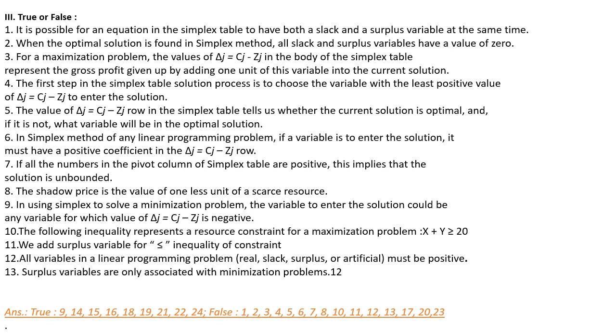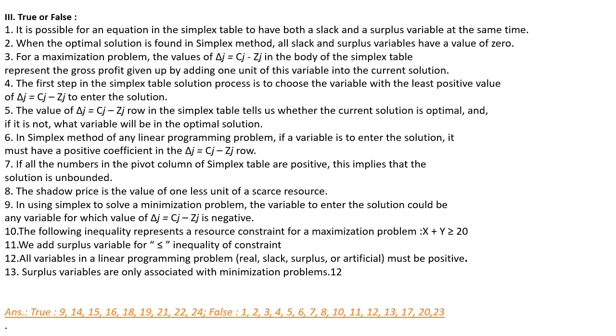False. In using simplex to solve a minimization problem, the variable to enter the solution would be any variable for which the value of delta j equal to Cj minus Zj is negative. True. The following inequality represents a resource constraint of a maximization problem: x plus y more than or equal to 20.